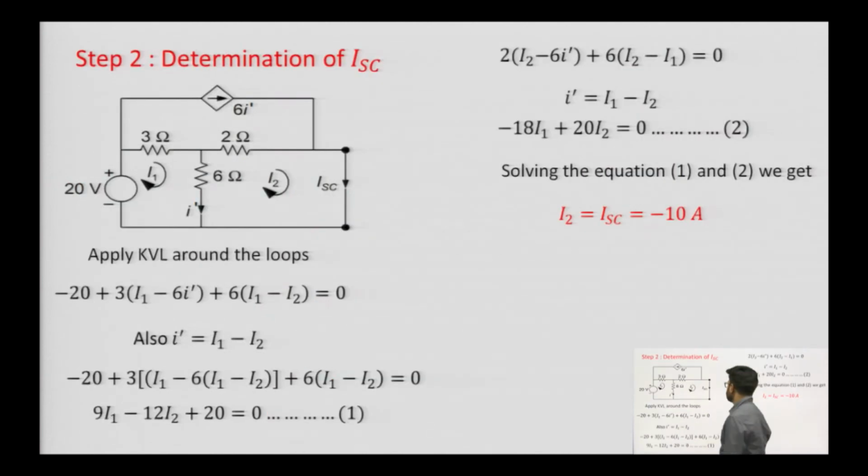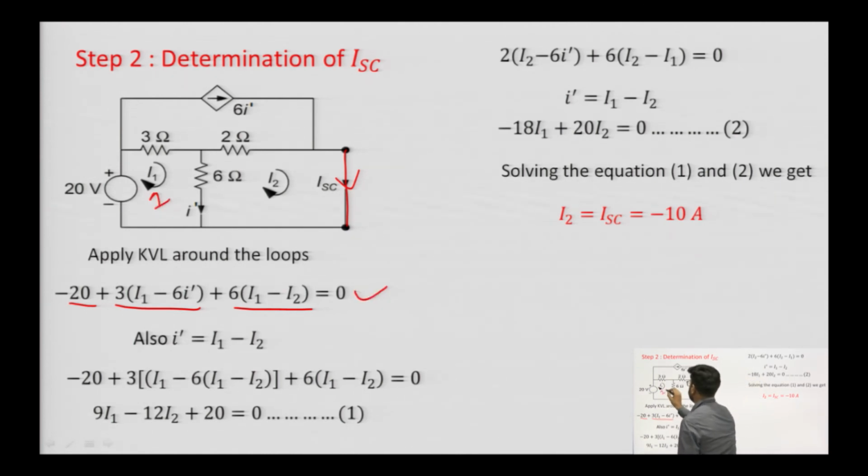Next we will find out short circuit current. To find out short circuit current, we have short circuited it, applying KVL around the loop. So, we will get minus 20 plus 3 into I1 minus 6I dash plus 6 into (I1 minus I2) equals to 0, applying KVL in loop 1.